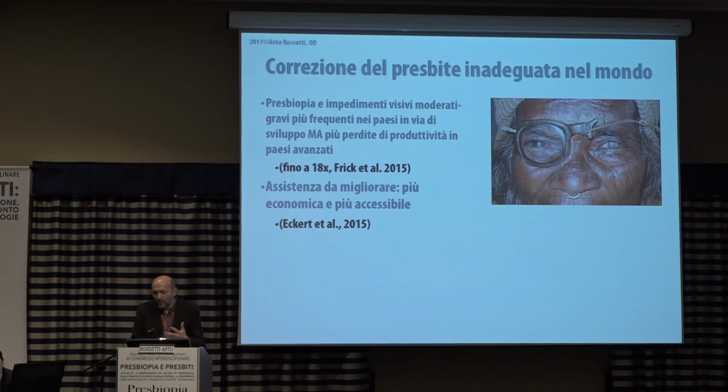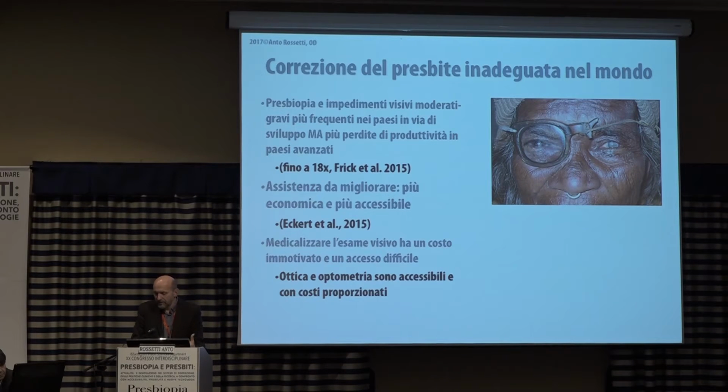In developing countries, people tend to waste time if presbyopia is not corrected. In developed countries and developing countries, even if they have more basic requirements, as was discussed previously, the idea is that care should improve, be cheaper and more accessible.